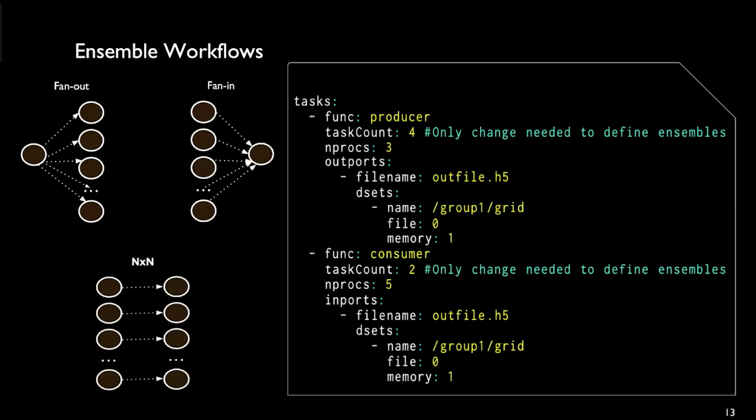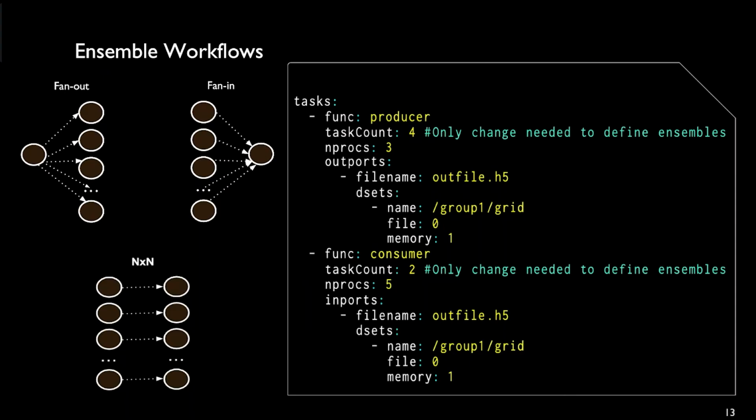And with this little extra information, we can compose ensemble topologies like the ones we see on the left, such as fan out, fan in, end-to-end or any combination of those. And again, like we saw in the data-centric workflow definition, Wilkins will create the communication channels between these ensembles without users needing to explicitly define them in the config file.